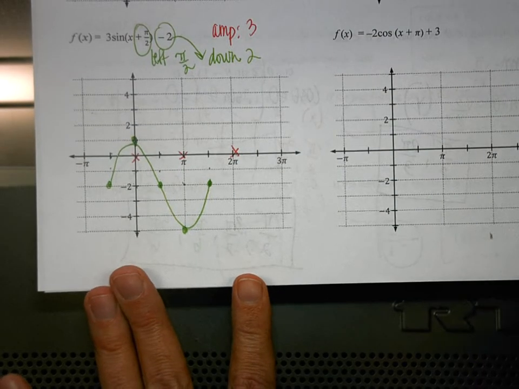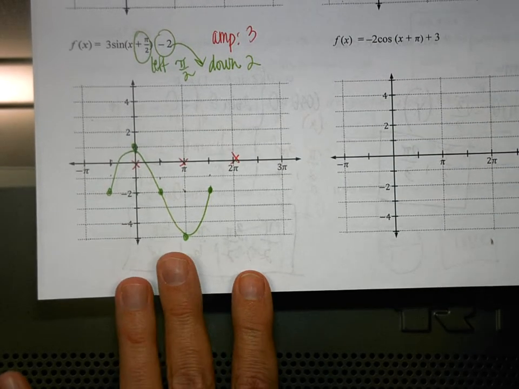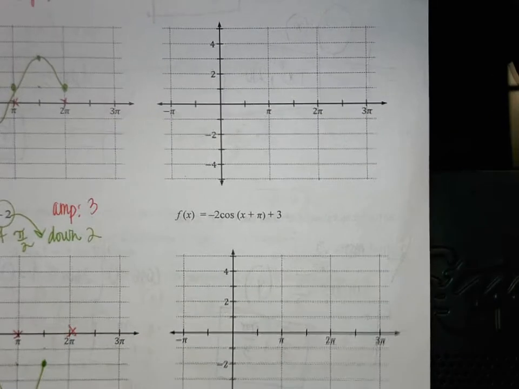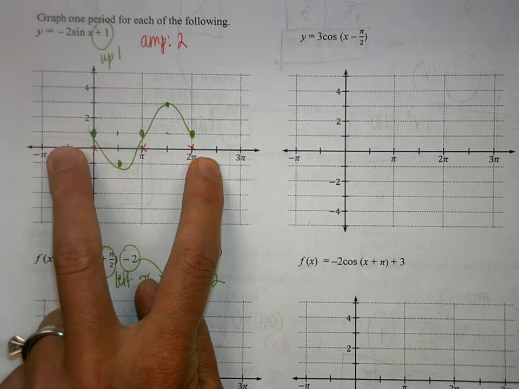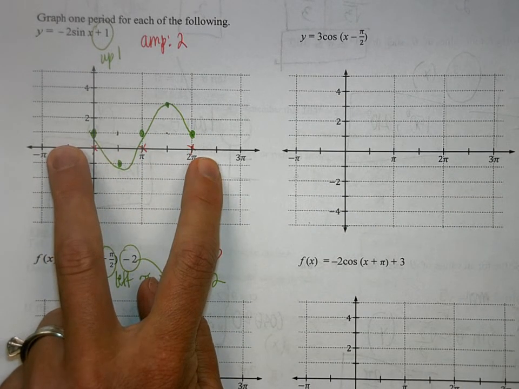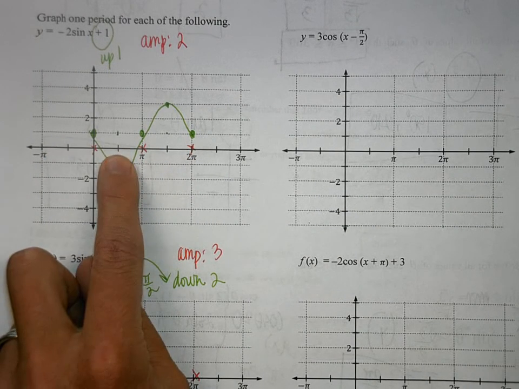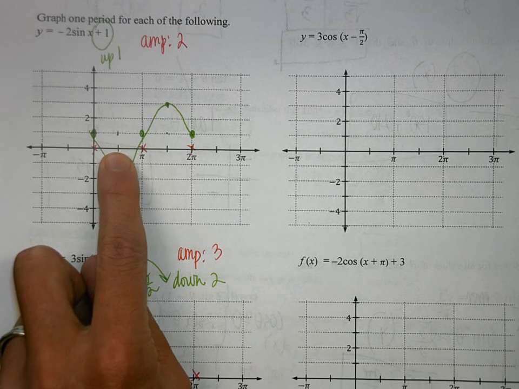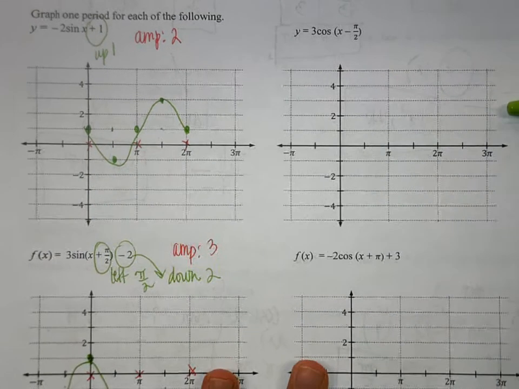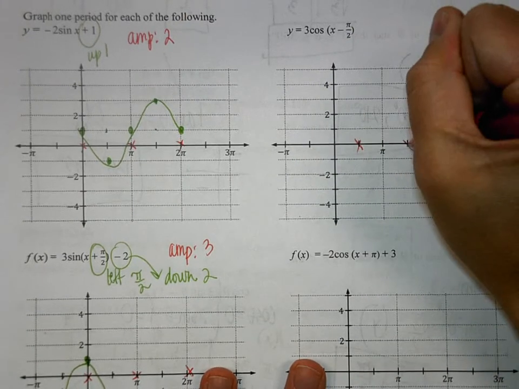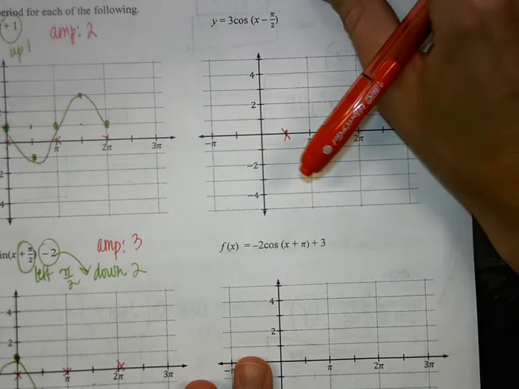Okay, so cosine graphs. For sine graphs, our starting points were at 0, pi, and 2 pi. Cosine is the opposite. So your starting points are at pi over 2 and 3 pi over 2. So I'm going to mark my x's here. So cosine are just the points in between the 3 of the sines.